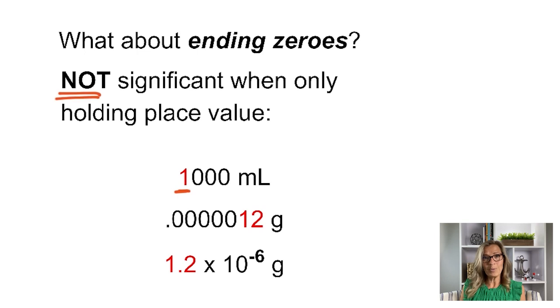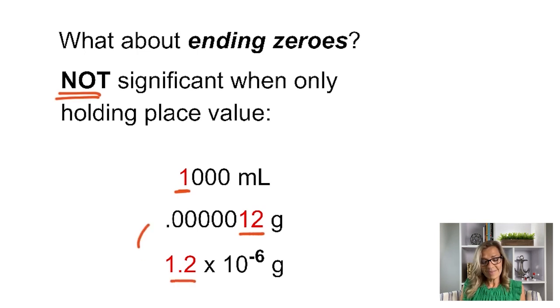There is only 1 sig fig in that number. What are those zeros doing? They're just holding place value, so that's not significant. The next number, I have a bunch of zeros, and then I have 2 sig figs. What are those zeros doing? They're placeholders, not significant. And then again, my number in scientific notation.